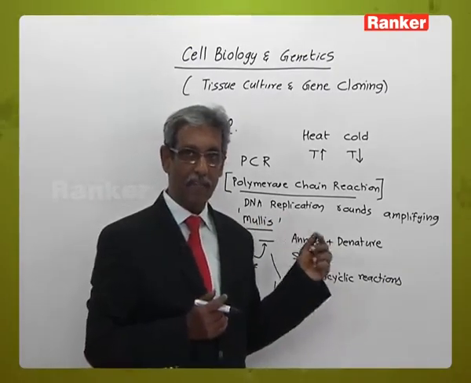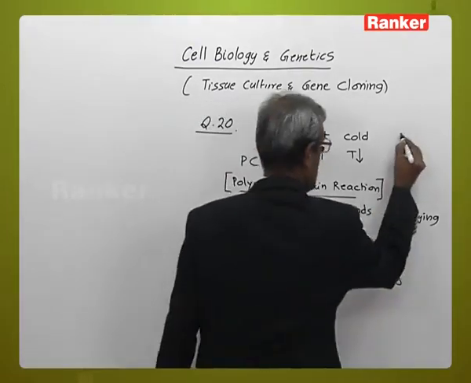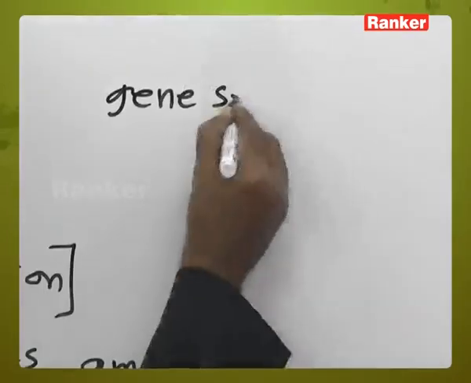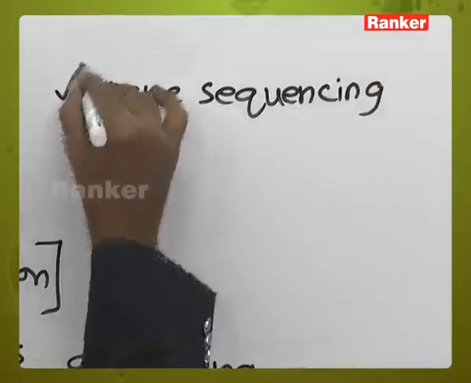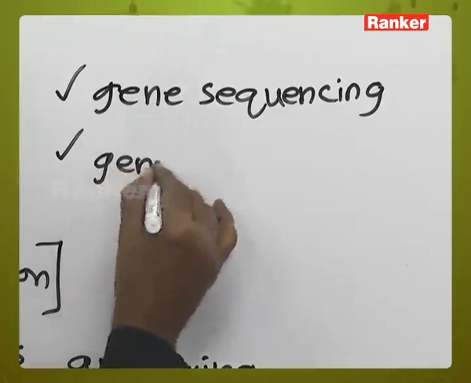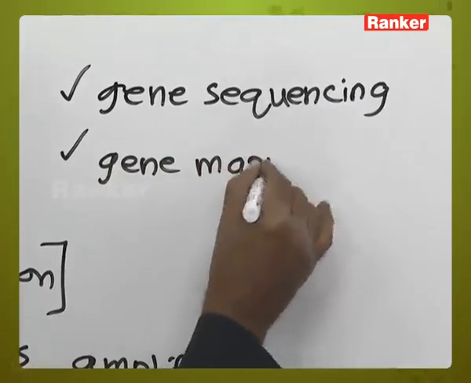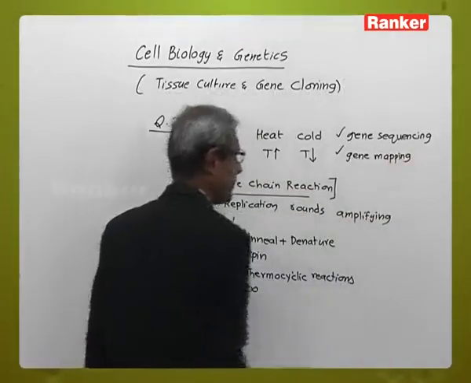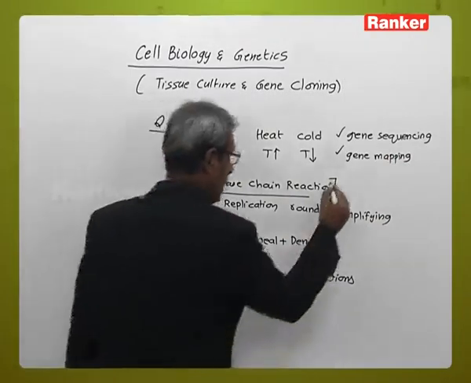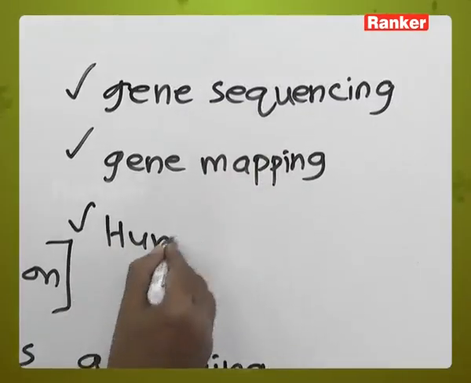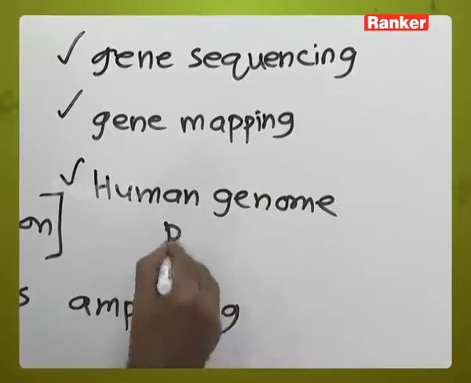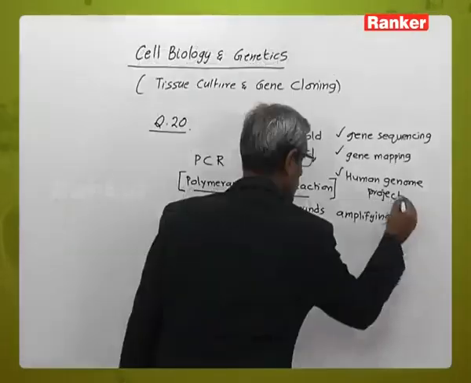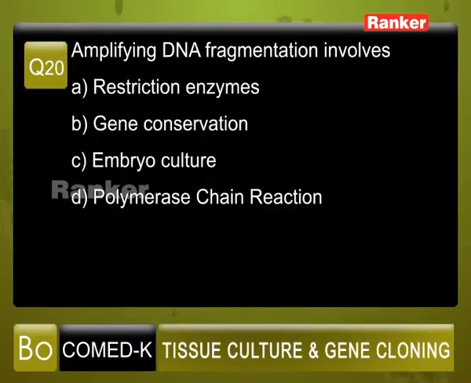It is the basis for gene sequencing, for gene mapping, for determining the map, and it is the basis for the Human Genome Project. The right answer among the choices is D, that is PCR.